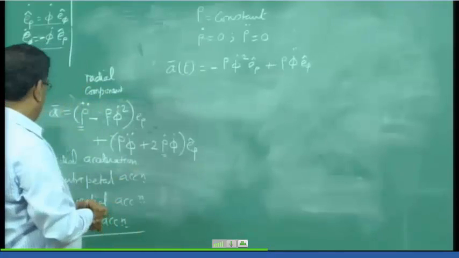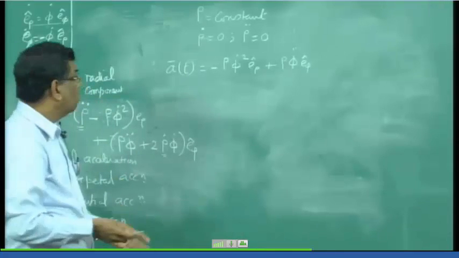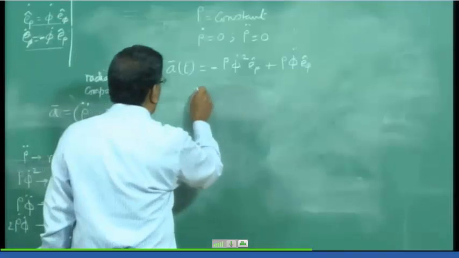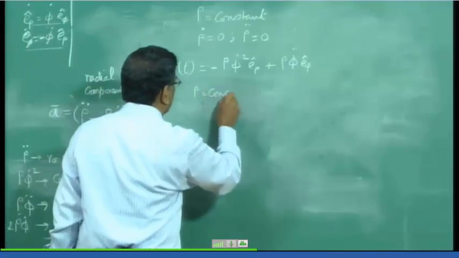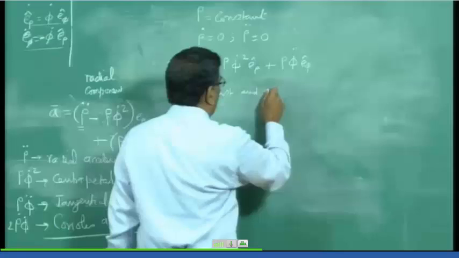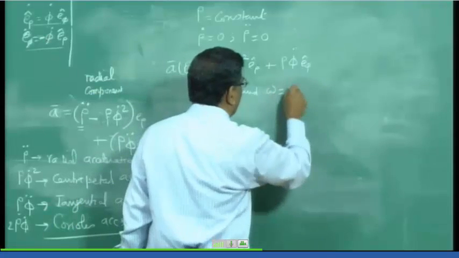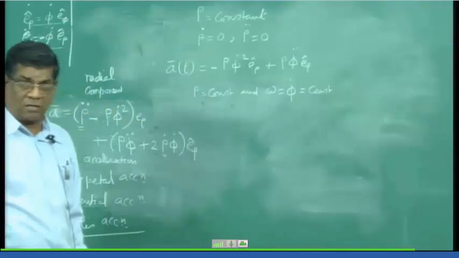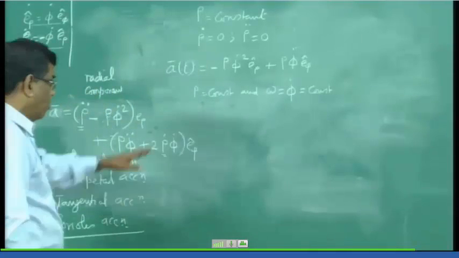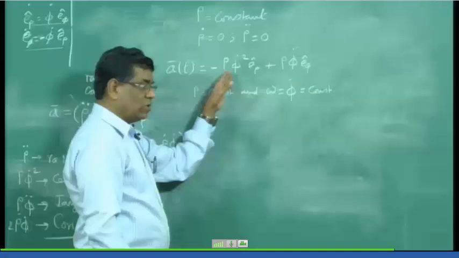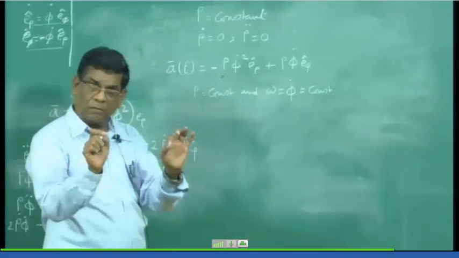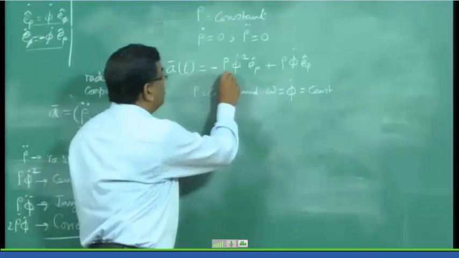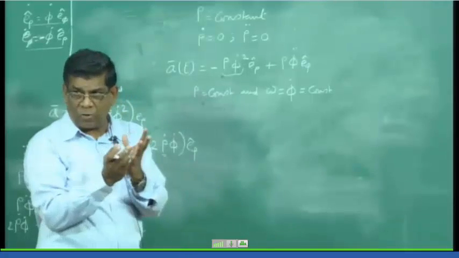Now, what happens if I say rho is equal to constant and omega, that is phi dot, is also a constant? If both are constant, then what will happen? What is this telling? It is going along a circle. Why? This is a centripetal acceleration, rho omega square.